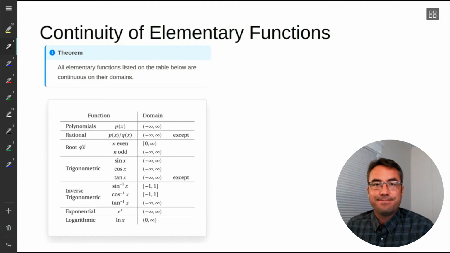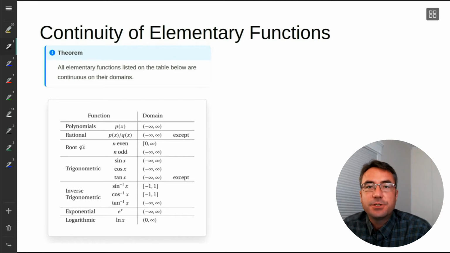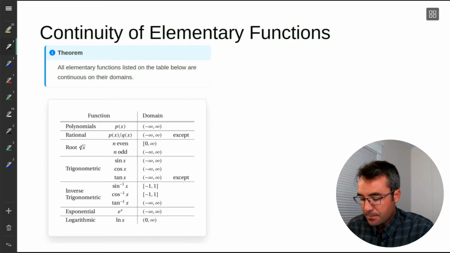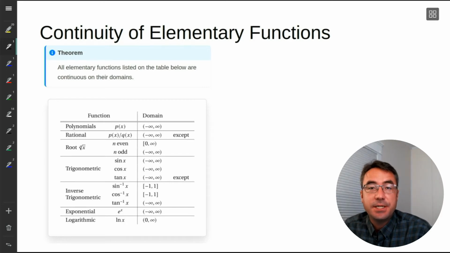So most of the functions we deal with are, we'll call them elementary functions. And these elementary functions are continuous on their domains. So as long as we know where the function is defined, we know where it's continuous.